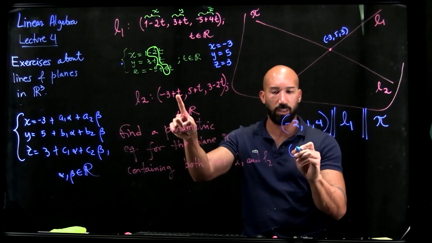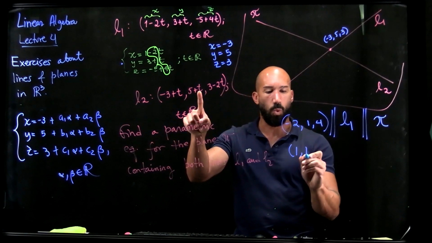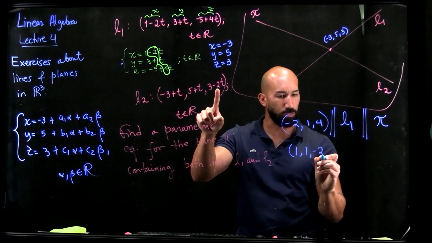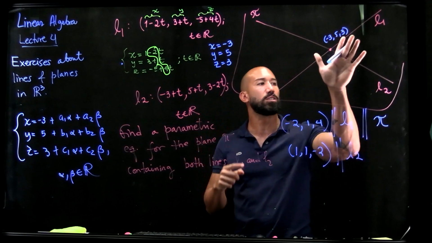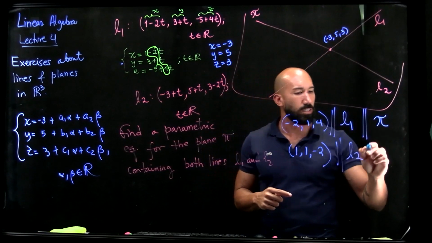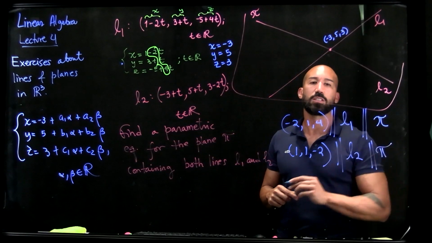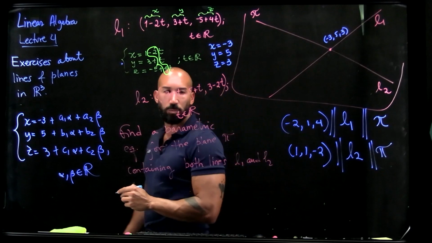So I have here that (1, 1, -2) is parallel to L2, but L2 is contained in pi, so that vector is also parallel to pi.